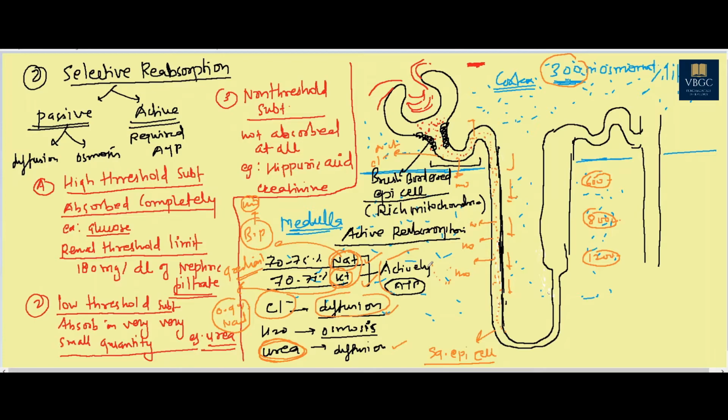Now we can consider that we have absorbed much more water as we move down through the descending limb of the loop of Henle. So let's consider that we have absorbed water here.